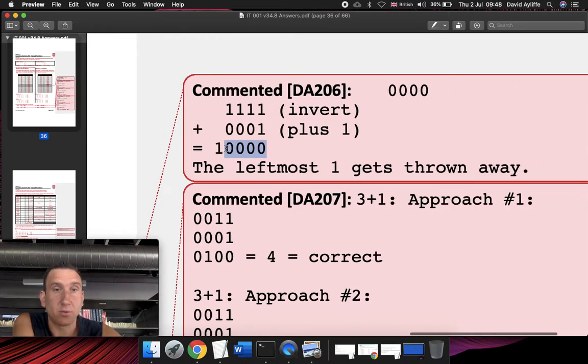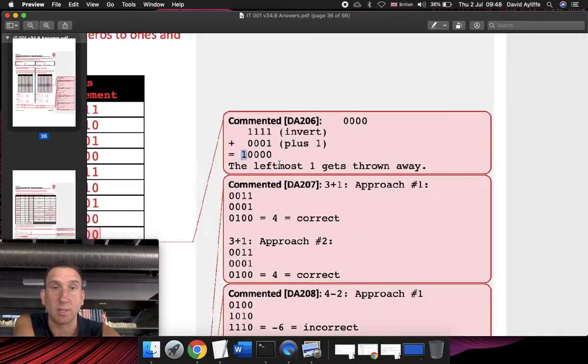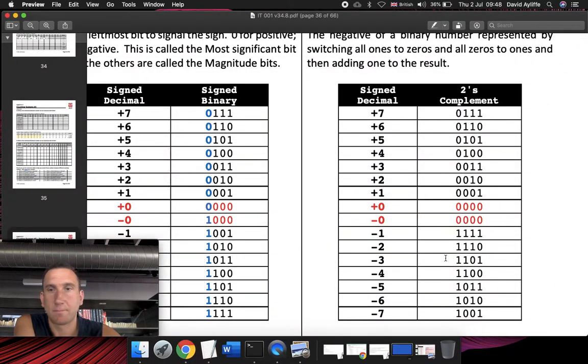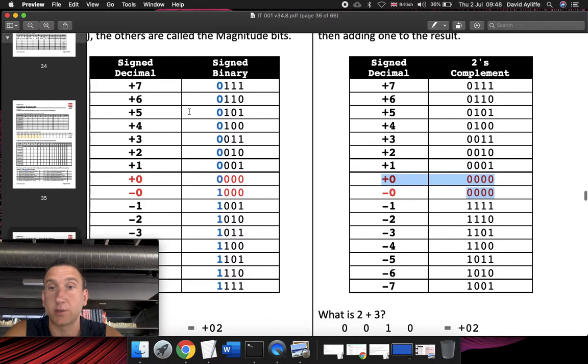The leftmost one gets thrown away. We're overflowing into somebody else's memory space when we do that. So we can see that we've got one value for 0. Well, that's a big improvement already over sign and magnitude.